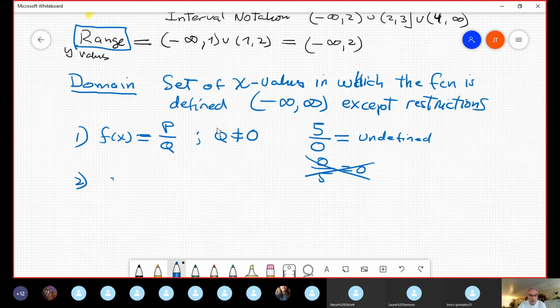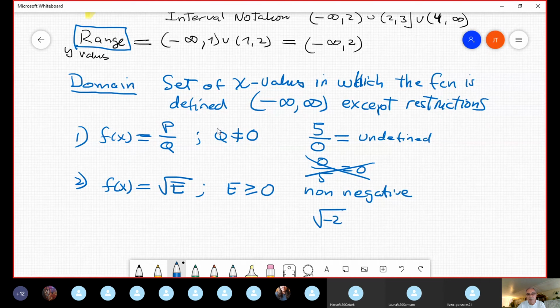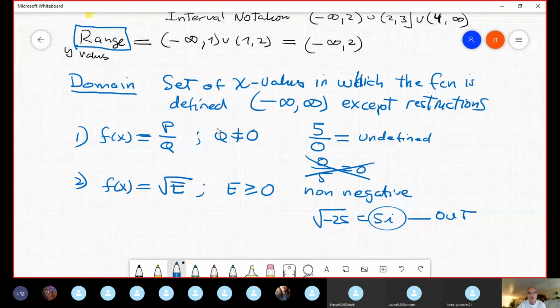My second possibility is a function that contains a square root. Because you know that the expression E must be greater than or equal to 0, so non-negative. Because you know what happens when it's negative: the square root of negative 25 is imaginary. And imaginary is completely out of the real numbers.